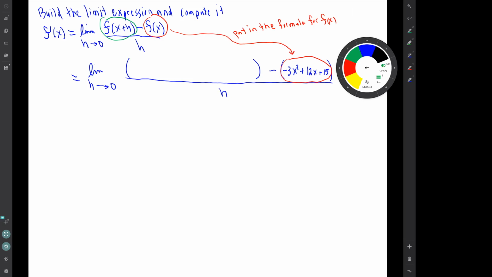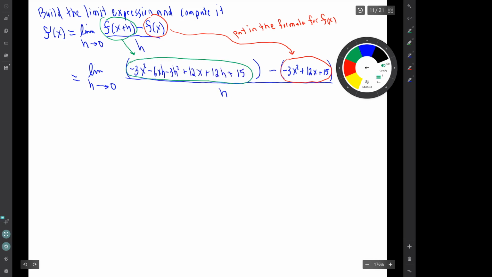Now we need to go get the expression that we just built for f of x plus h, and we need to put it here. So that's that messy expression that we got when we built f of x plus h. That was the parts that we needed. So we have built the limit expression. Now we need to compute it.